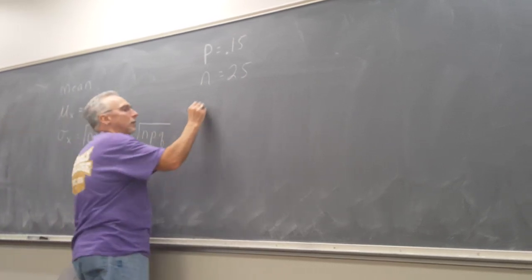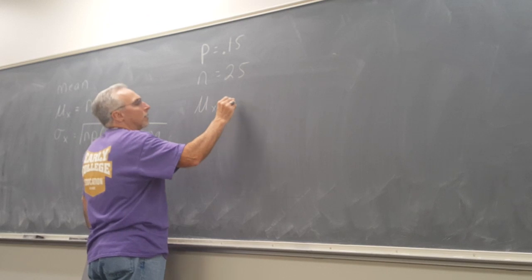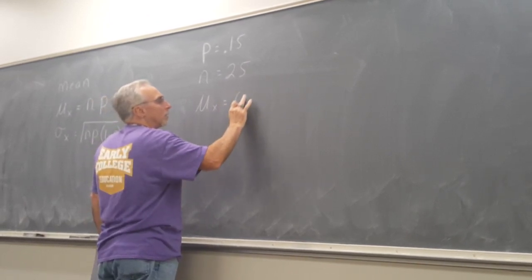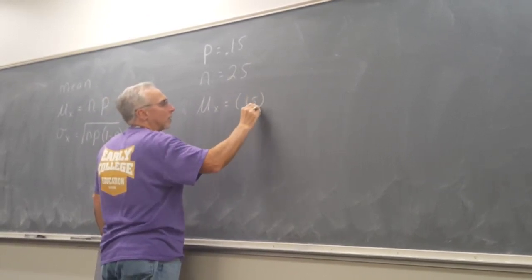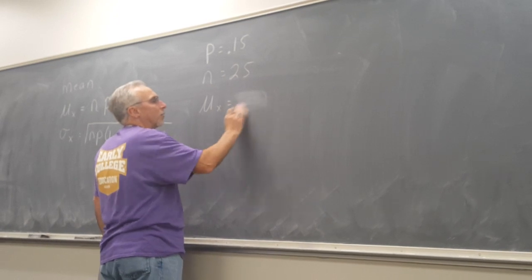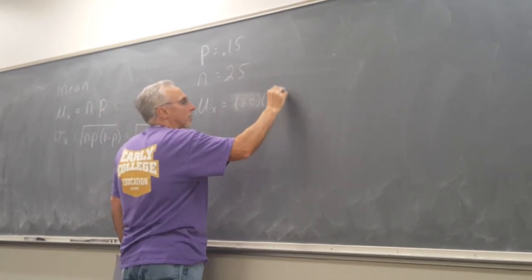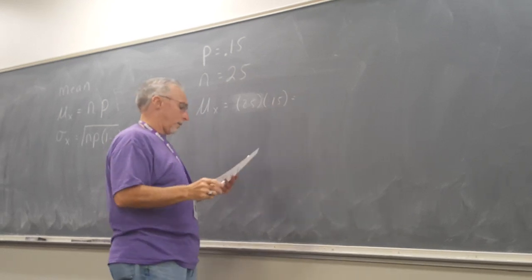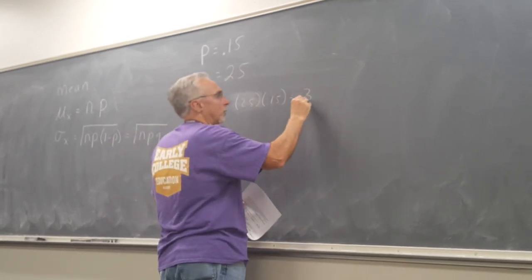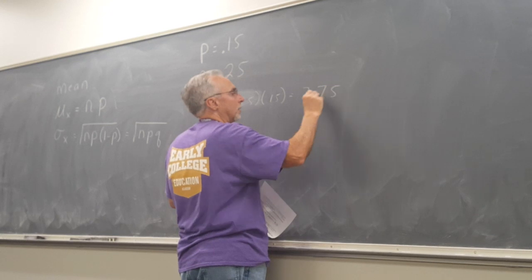So the mean will be, I guess to be consistent, I should put it in the right order, 25 times 0.15. Yeah, let's see. She got 3.75.